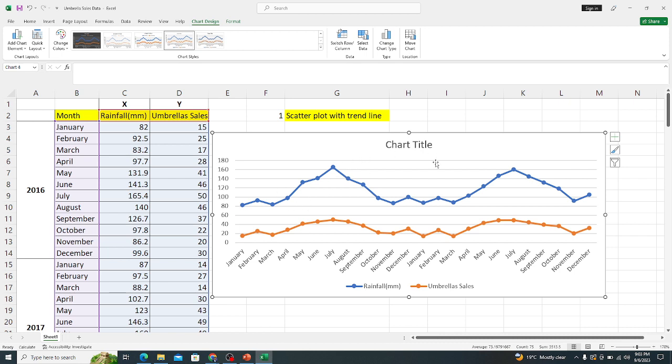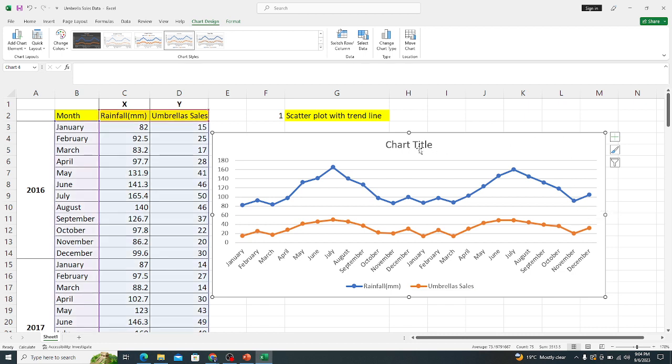So we can try now to add what is missing. Already we have the legend, which is the key. From the key we can see that the blue line shows the amount of rainfall in millimeters, and the orange one shows the umbrella sales.